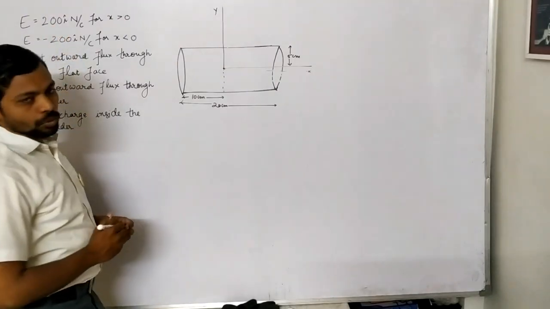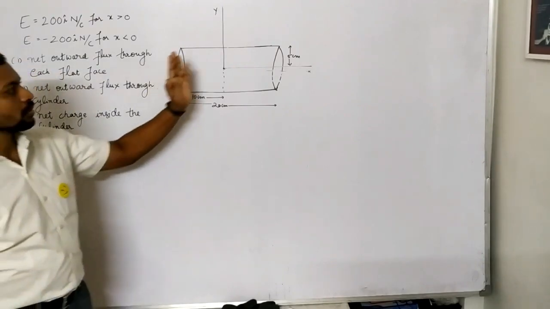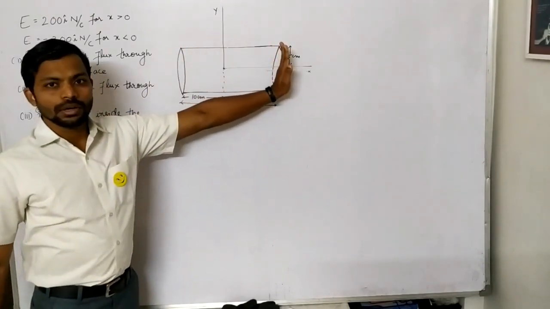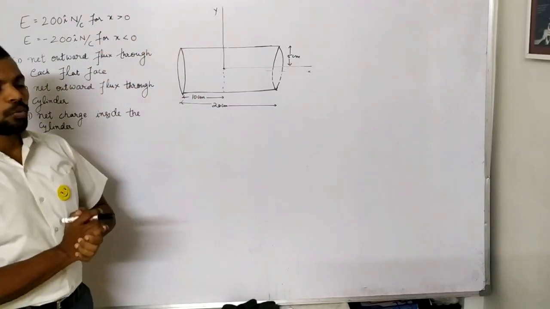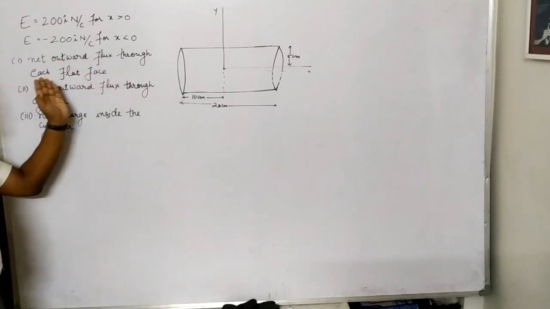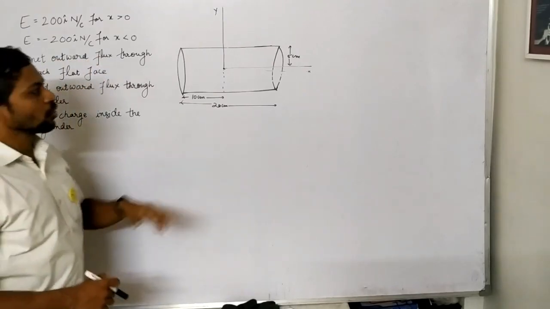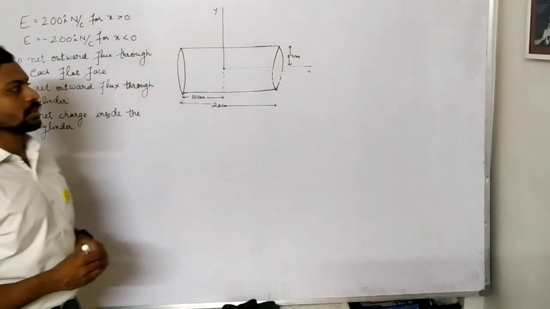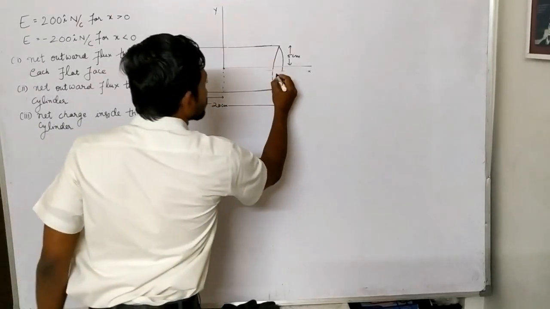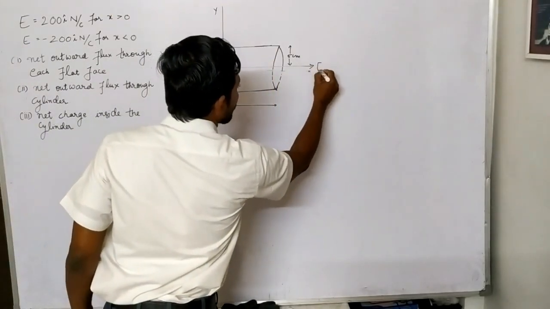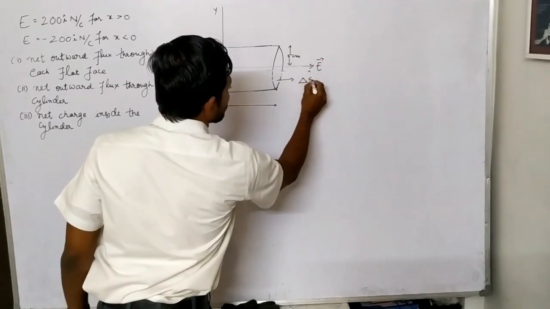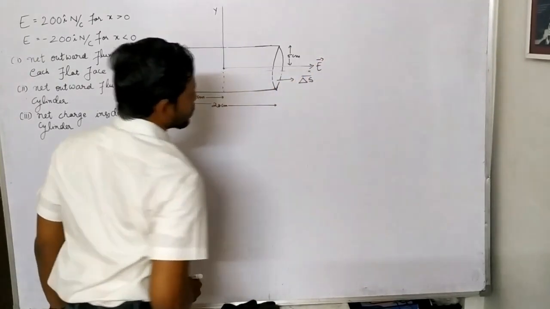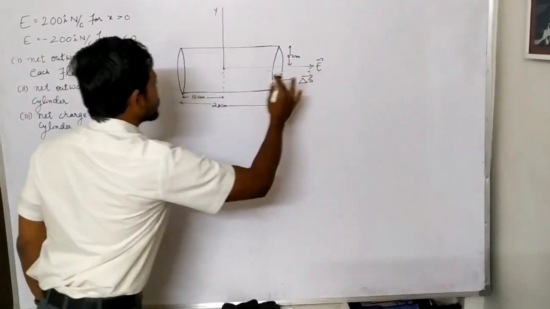So what are we supposed to find out? This is one face of the circular cylinder, and this is the other side. We are supposed to find out the net outward flux through each flat face. Here we can see the electric field intensity is acting outwards, and this is the area vector acting on the right side.